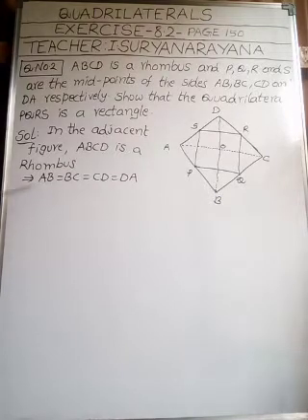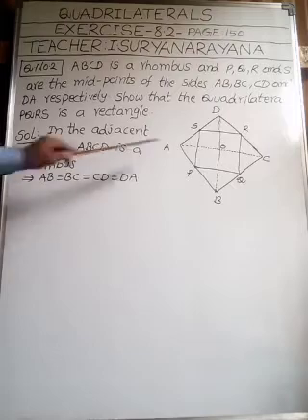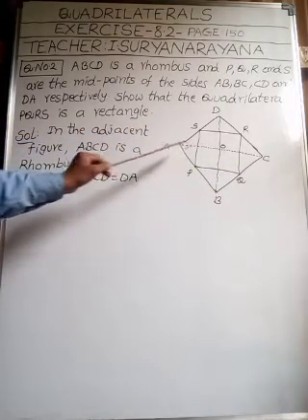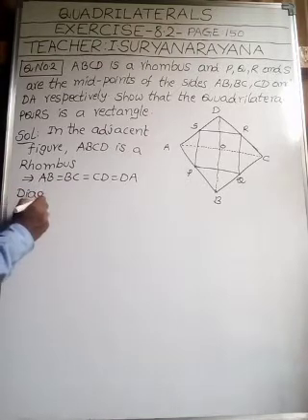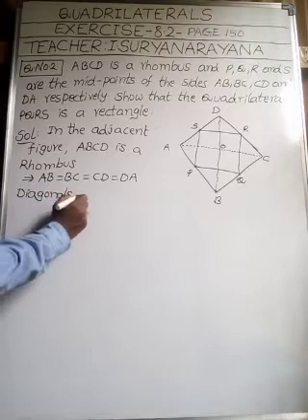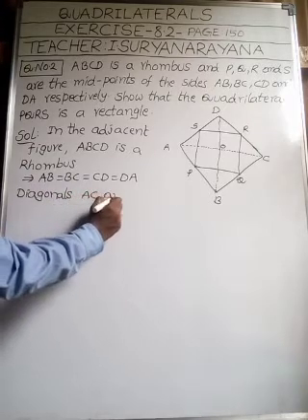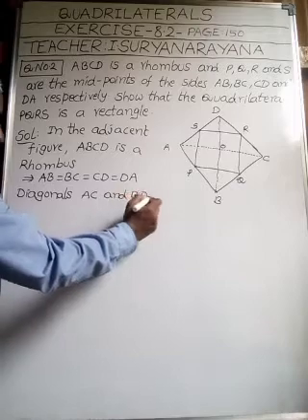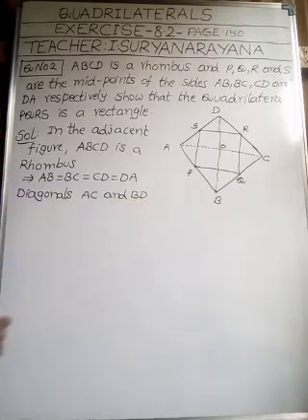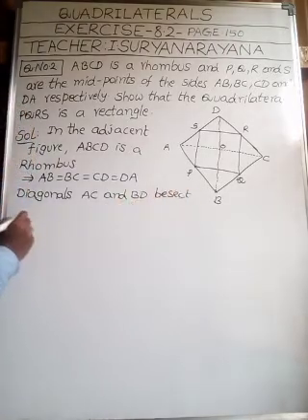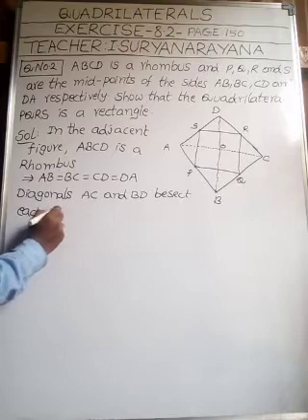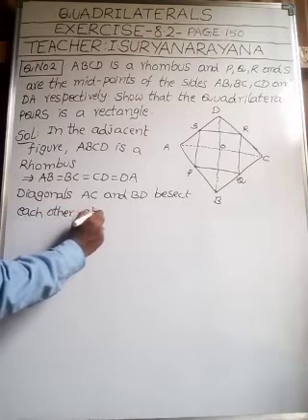Yes or no, my children? All the sides of a rhombus are equal. You have to remember these properties of rhombus. And the diagonals AC and BD bisect each other at right angle.